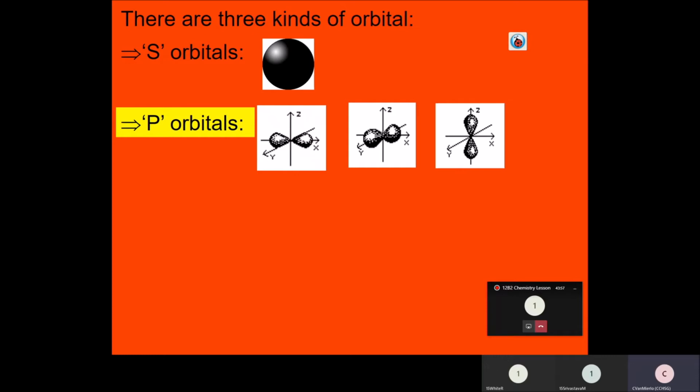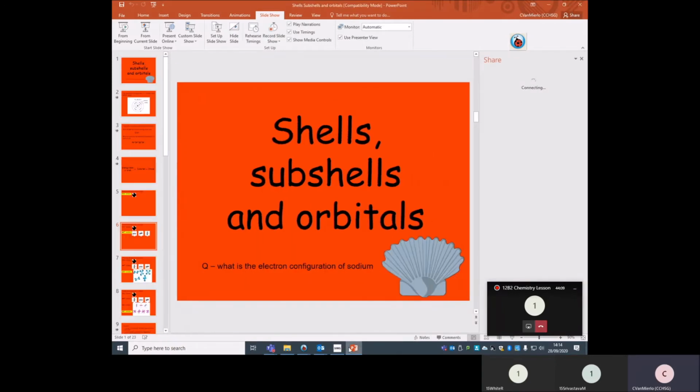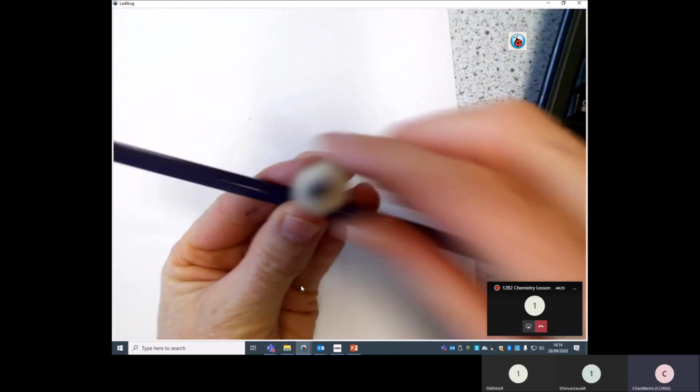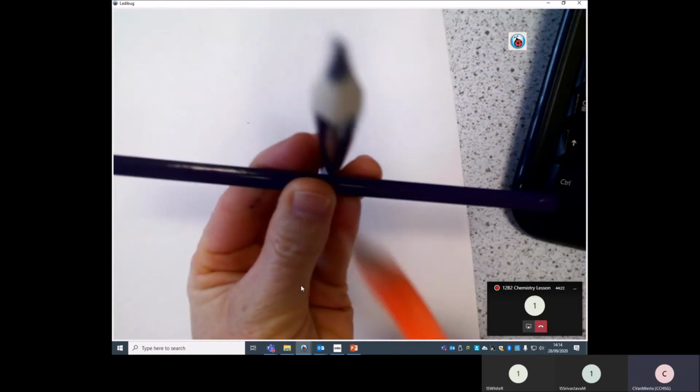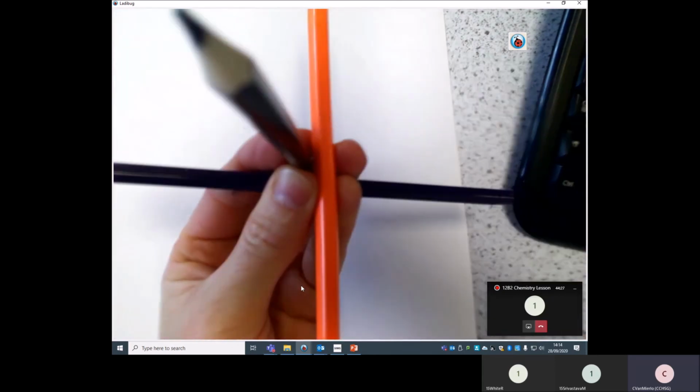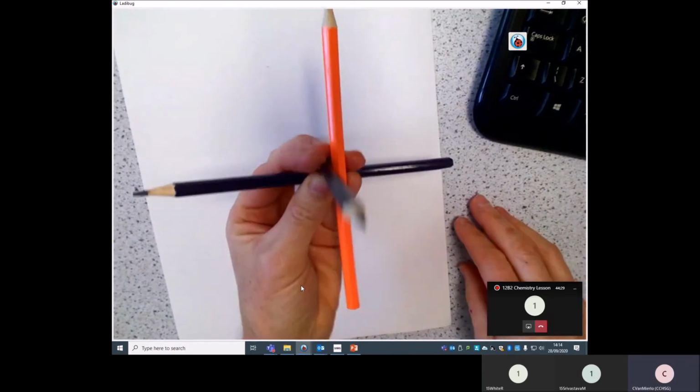So if you imagine 3 axes, so you've got an x-axis, a y-axis and a z-axis, and people at home, you won't be able to see this, but let me show you with the pencils. So if you have your x-axis, your y-axis, and your z-axis, just have 3 axes perpendicular to each other like that.